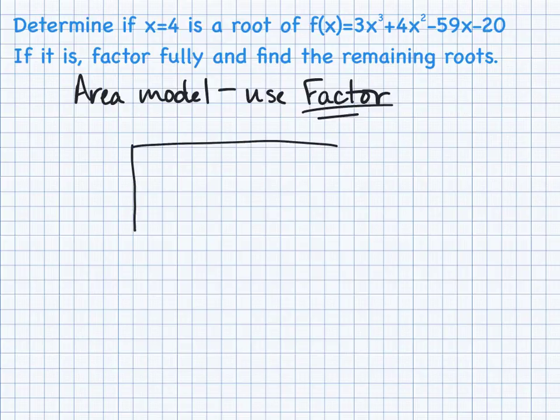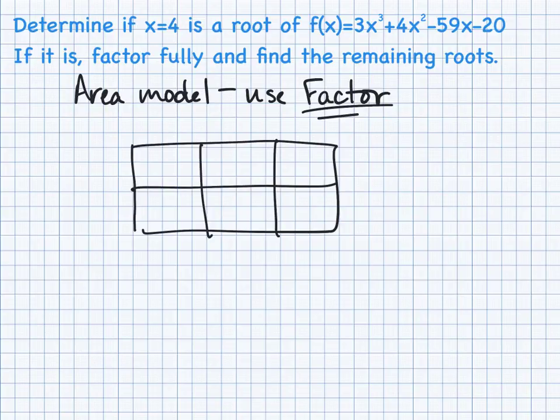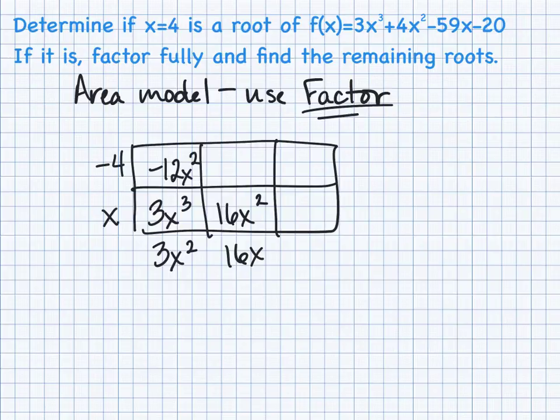So when we do that, x minus 4, so 3x to the third, factor out 3x squared, multiply to get negative 12x squared. 4x squared minus negative 12x squared is 16x squared. Factor out 16x. 16 times negative 4 is negative 64x.